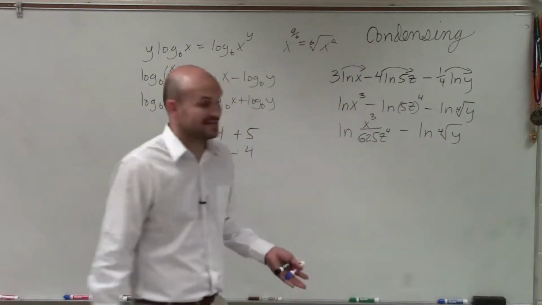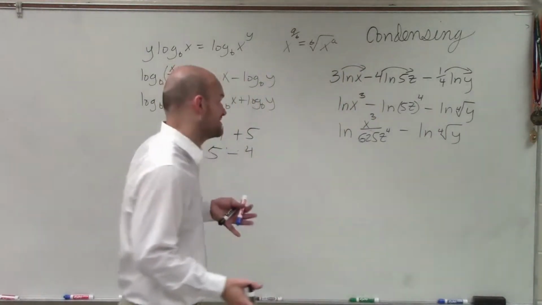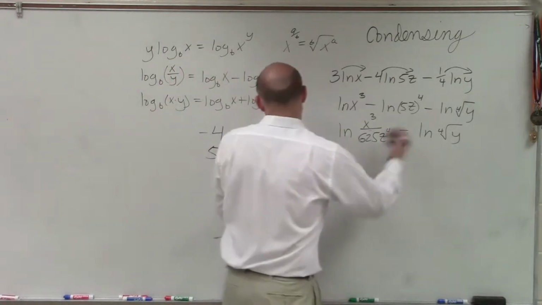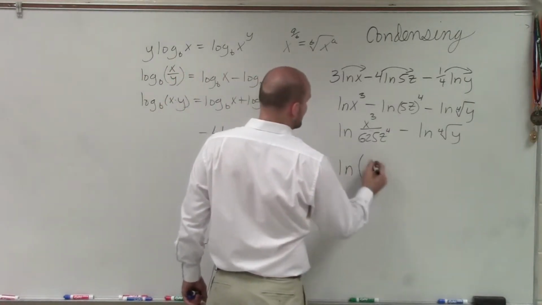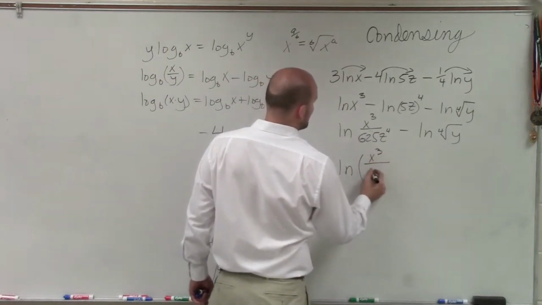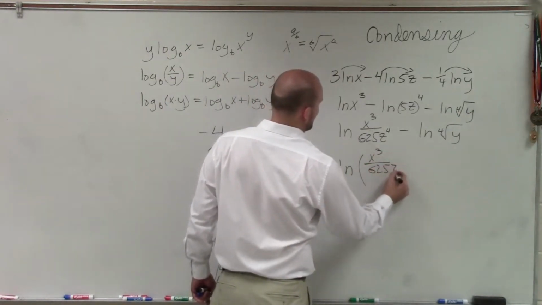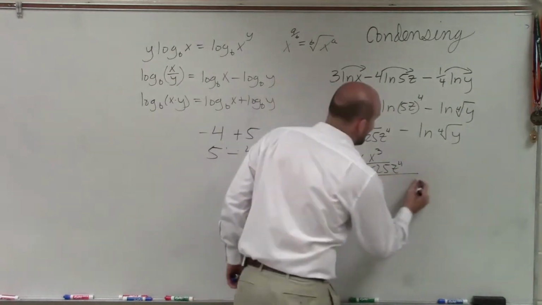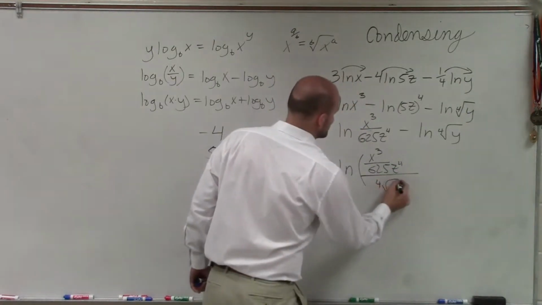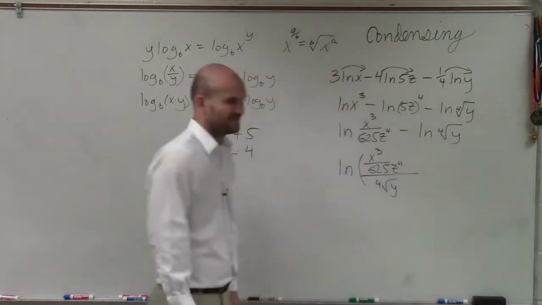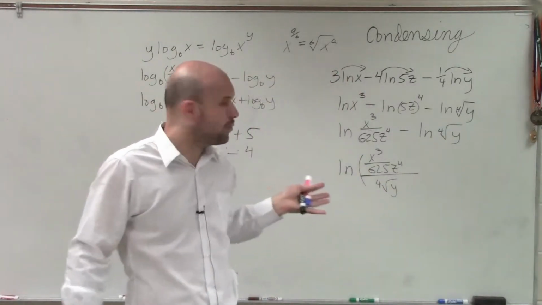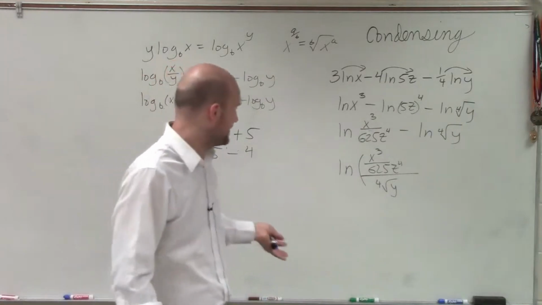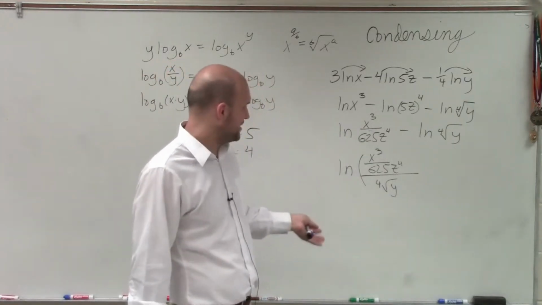Now when we look at this, ladies and gentlemen, you're going to subtract this again, well, that's exactly what you need. You need to divide now this again. So therefore now this is ln of x cubed divided by 625 z to the 4th divided by the 4th root of y. You might be thinking, oh man, how am I going to simplify all this stuff?